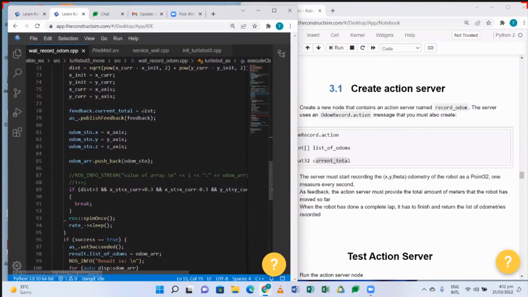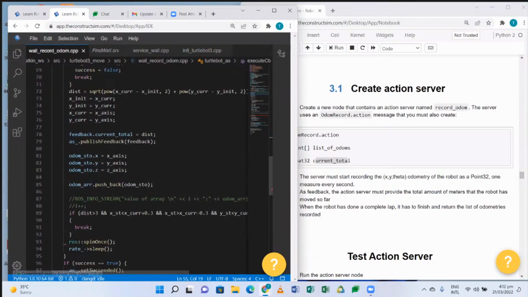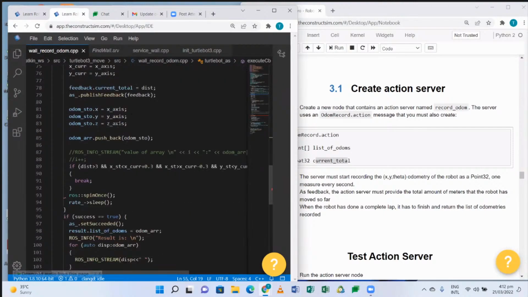Now feedback.current_total is the variable of the feedback, and the value of it would be equal to the total distance, which we have calculated over here. And then odom_sto, here I would be storing the values of odom_sto.x, odom_sto.y as x-axis, y-axis and z-axis.